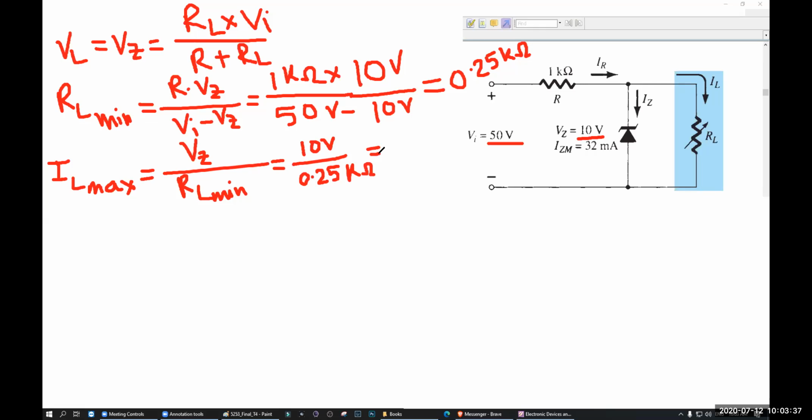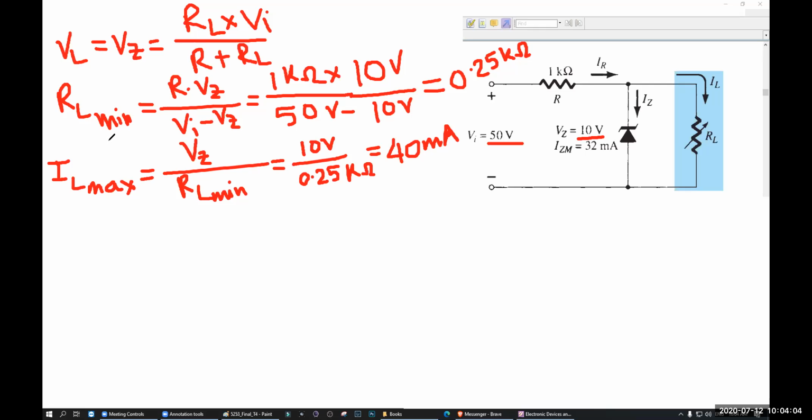So 10 divided by 0.25 should be 40, yes. 40 milliampere. That is the maximum current.